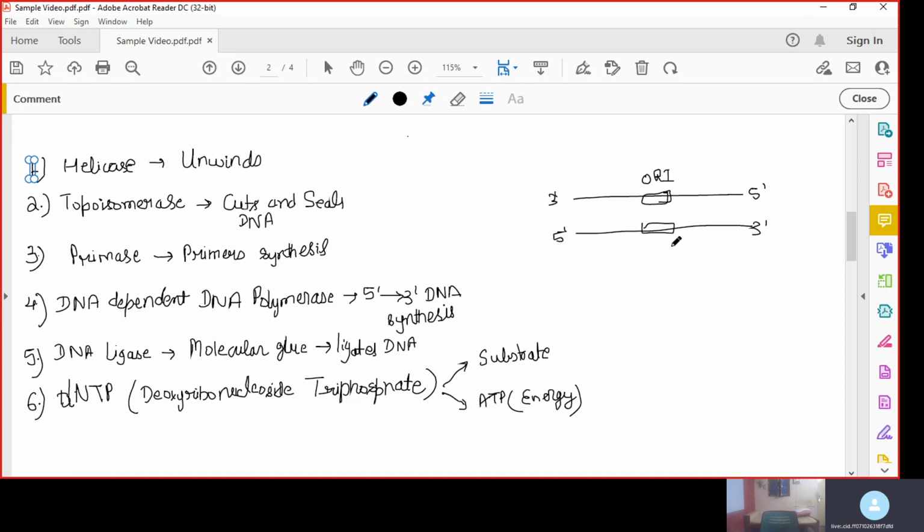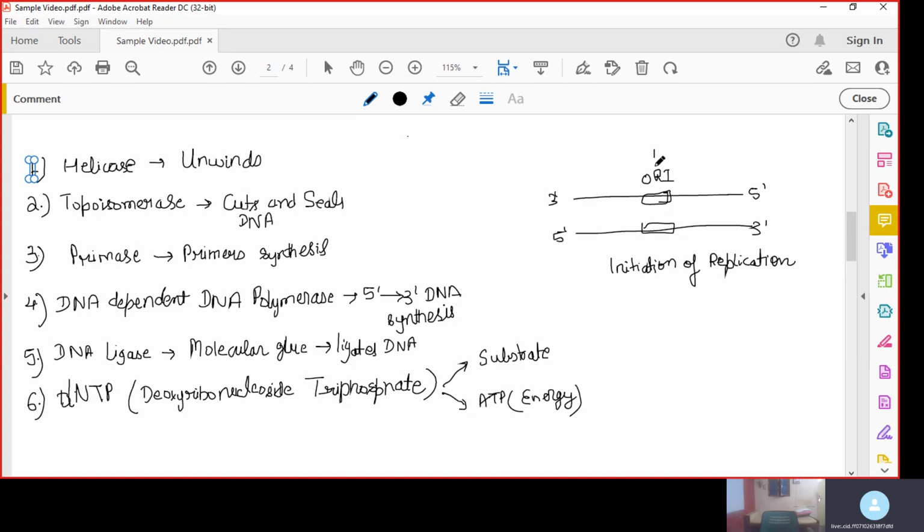Since this is an E. coli genome, there are definite regions in the E. coli genome from where initiation of replication occurs. Initiation of replication occurs from this site. So let's see this site.